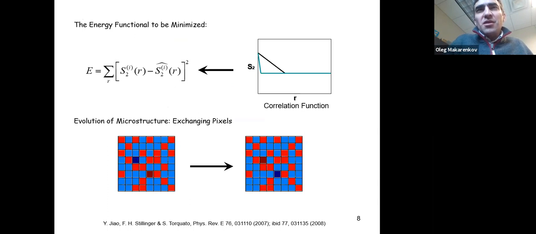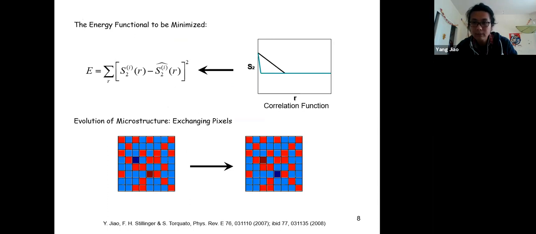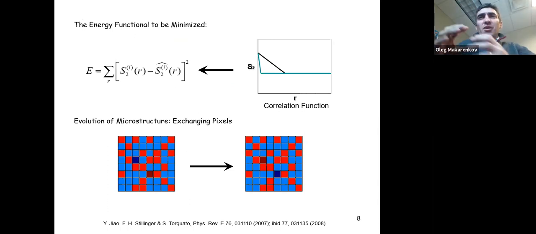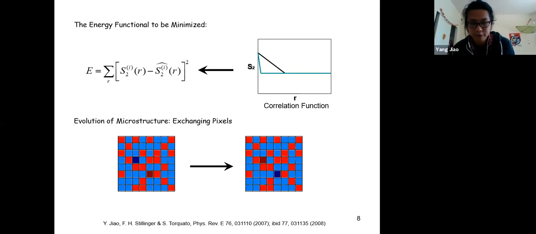Because you just get equal energies in certain regions, in certain groups of pixels, but how does it reflect similarity between the materials? Yes, so this is a very good question.